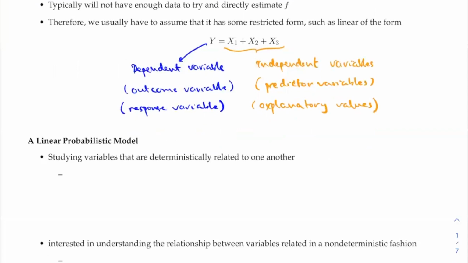A linear probabilistic model studies variables that are not deterministically related to one another.